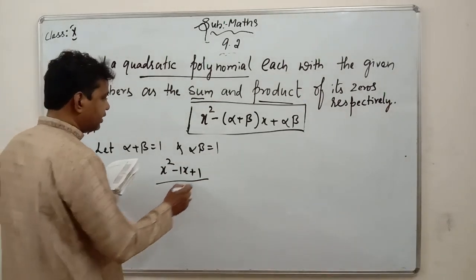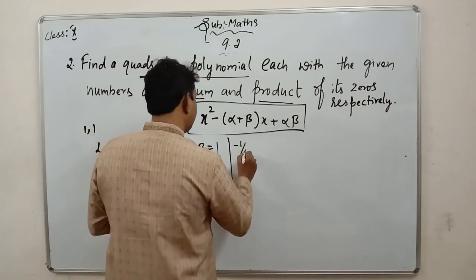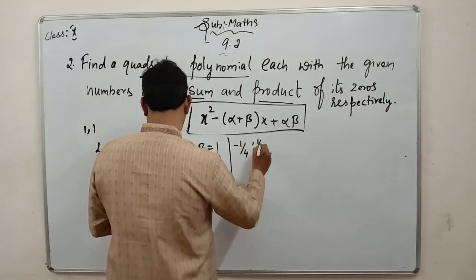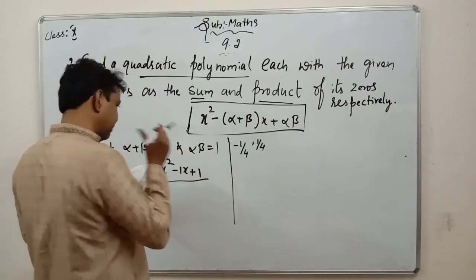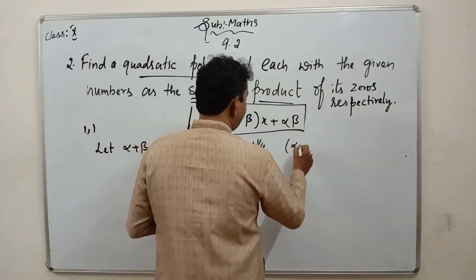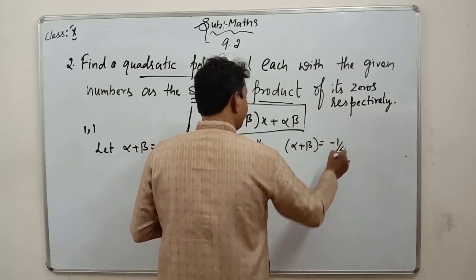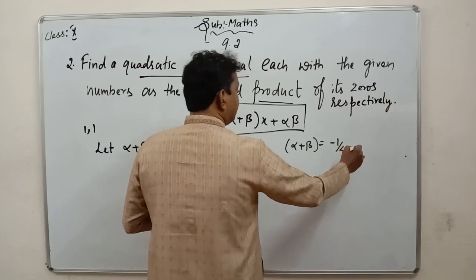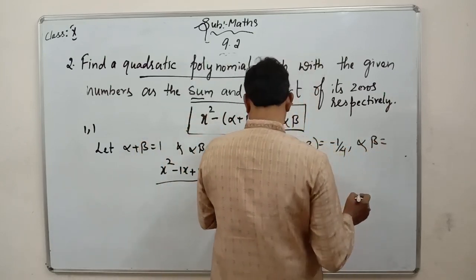Next one is mentioned minus 1 by 4 and 1 by 4 is mentioned there. So this is same thing, alpha plus beta equals to minus 1 by 4 and alpha and beta equals to 1 by 4.